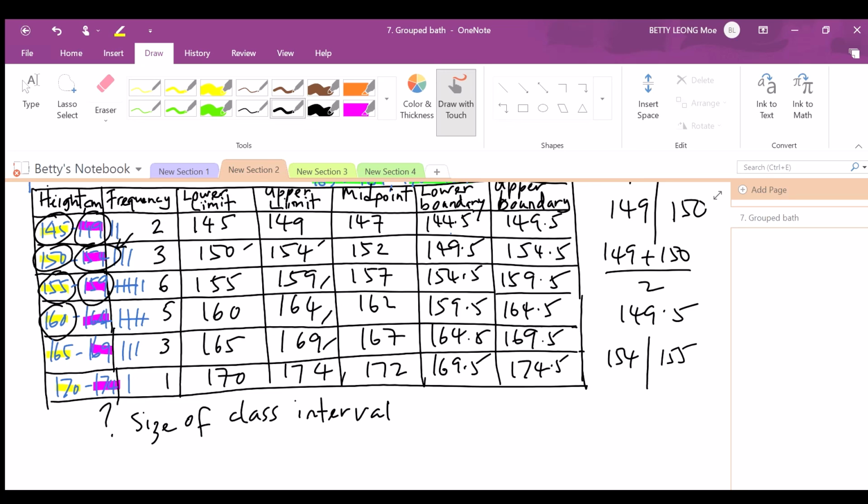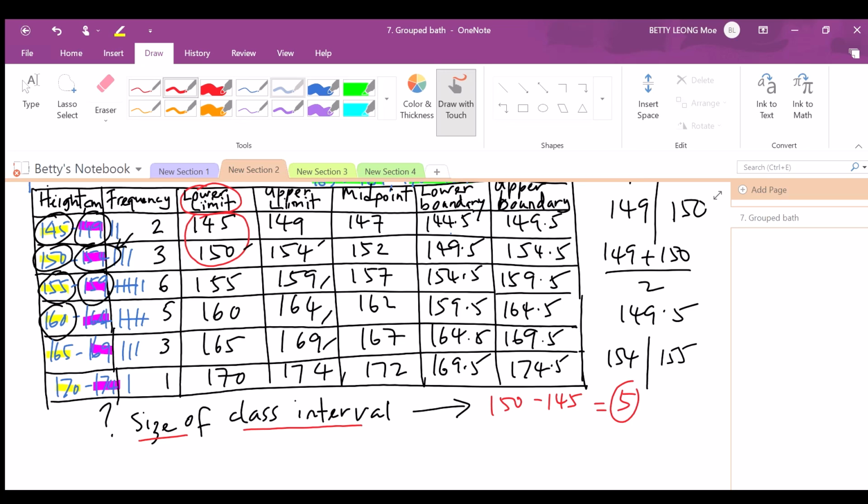There are two methods. First, you just minus your lower limit. You just minus 2 consecutive classes. So 150 minus 145, you'll get 5. That is the size of class interval.